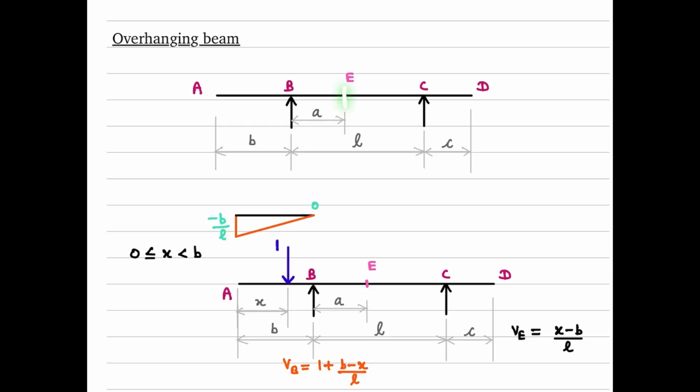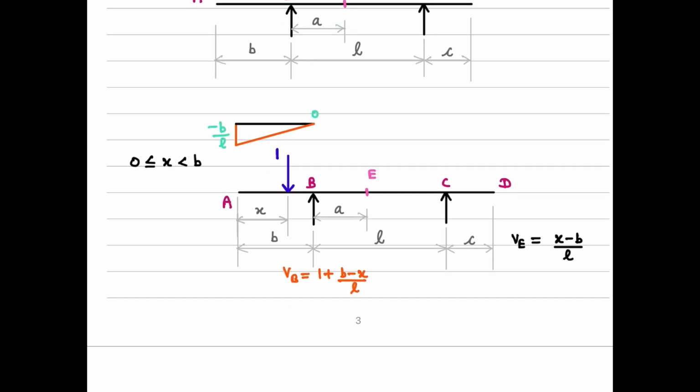I'm trying to draw the influence line diagram for the shear force at this location E. In order to do that, I have first obtained the expression for the reaction here, VB, and then I have drawn the free body diagram to get the expression for V. So this is again the equation of a straight line, x minus b by L. That equation is depicted here. So this is the influence line diagram for the case of the load being placed within this span L.